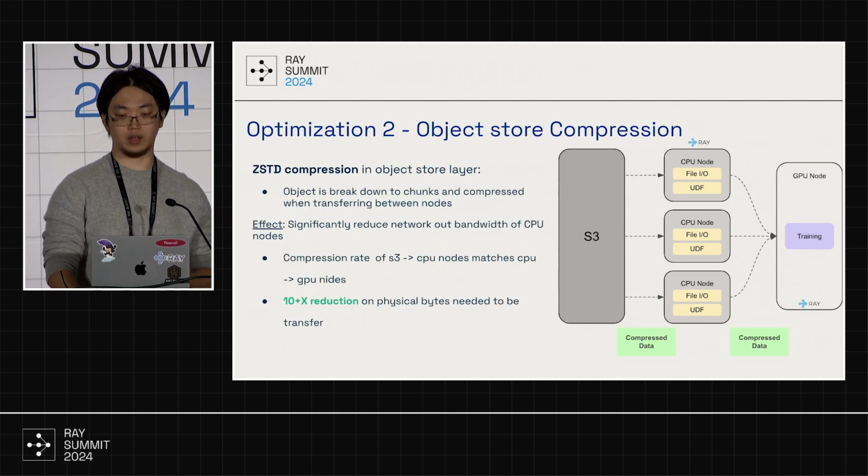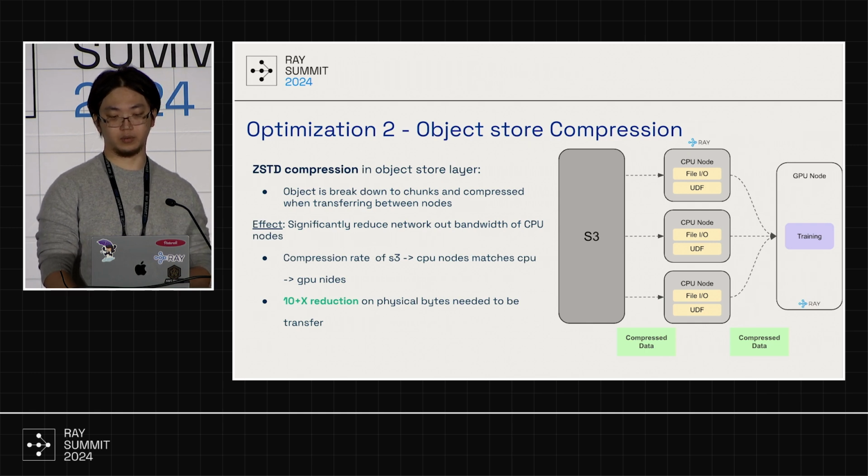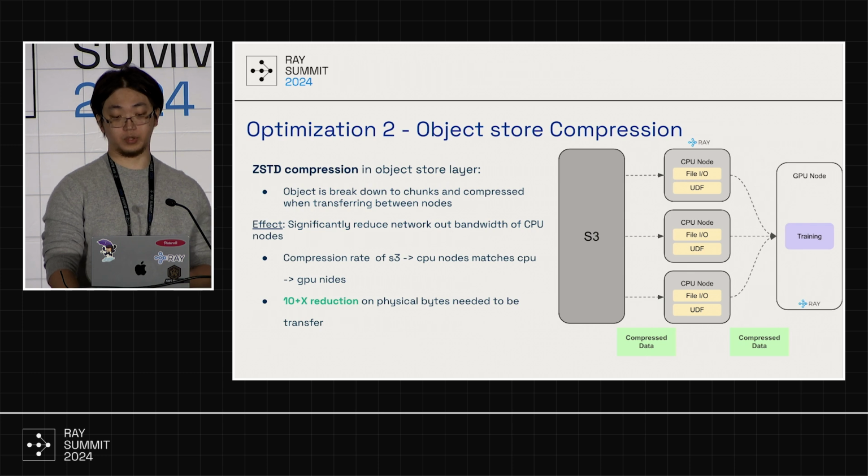So now the idea is to also apply ZSTD compression, right? So that we don't have this severe number of bytes that need to be transferred. We just applied a custom patch to the Ray core object store layer in our open source fork, so that every data object that has to be transferred between nodes in the Ray cluster is also going to be ZSTD compressed.